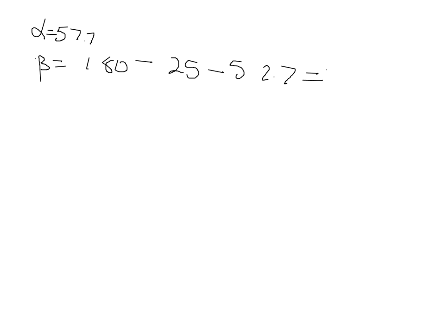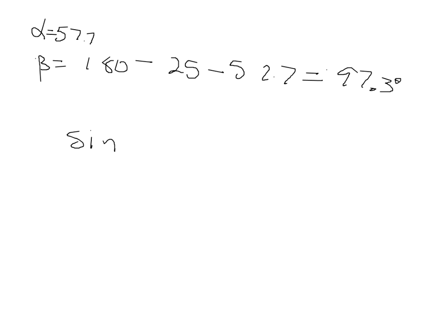Okay, so if alpha is 57.7, what is the remaining beta angle that I have? So I take 180 minus gamma minus alpha. And that comes out to be 97.3 degrees.